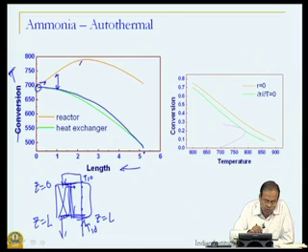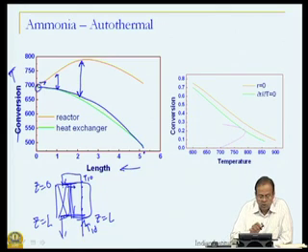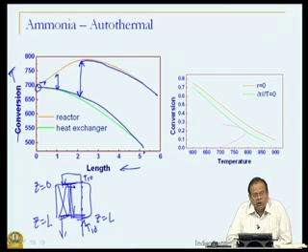There will be a point where the driving force for heat transfer just matches the heat generation rate, and beyond this point, because the driving force is continuously increasing and the generation is continuously decreasing, the temperature in the reactor starts decreasing.